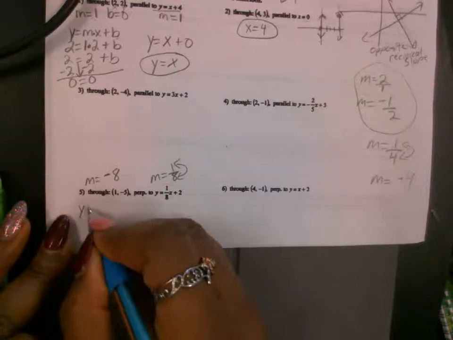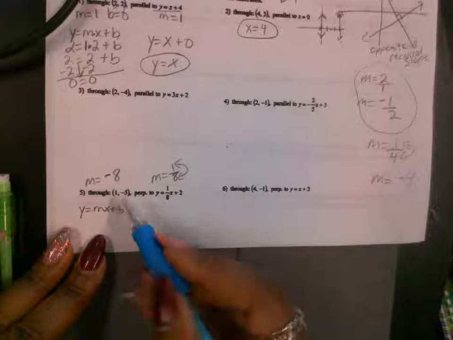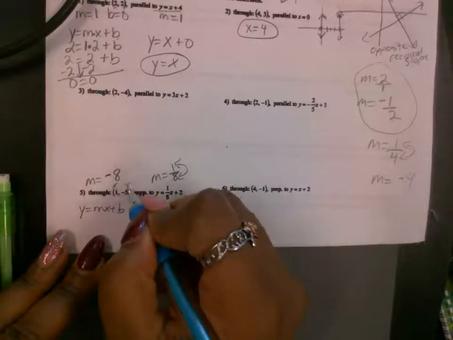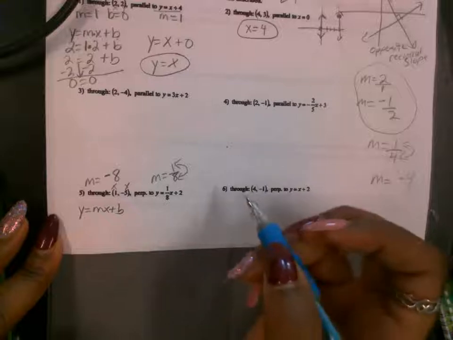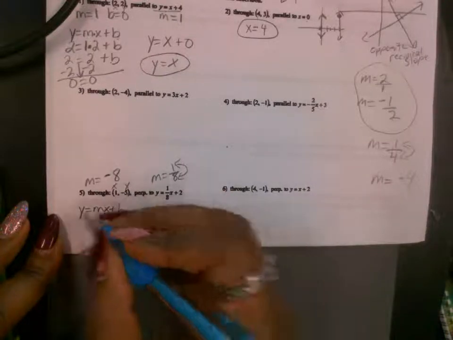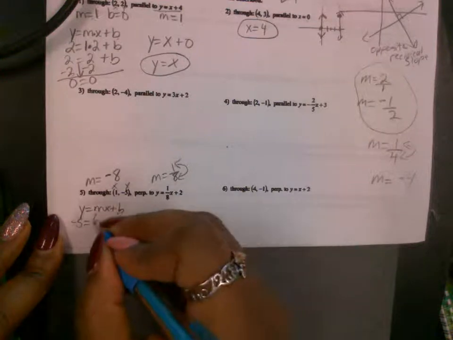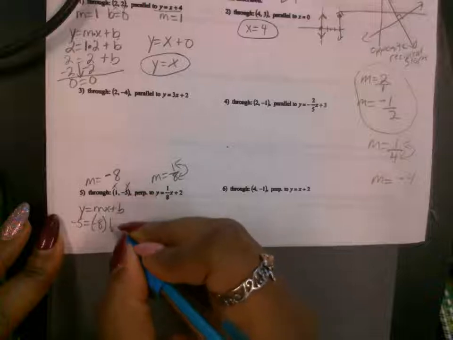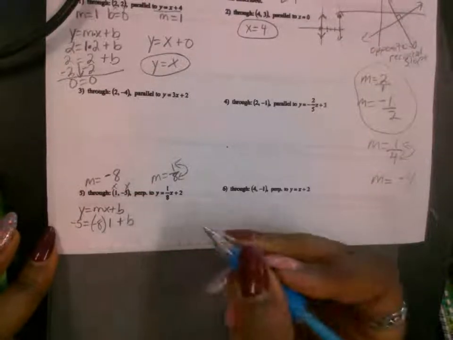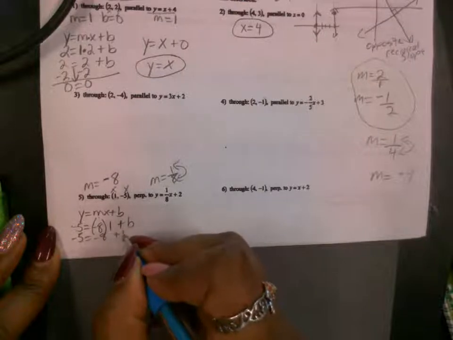So now we're going to use y equals mx plus b and substitute the x value and the y value along with the m value to find b. So we have y is negative 5 equals m, which is negative 8, times the x, which is 1, plus b. So this gives me negative 5 is equal to a negative 8 plus b.